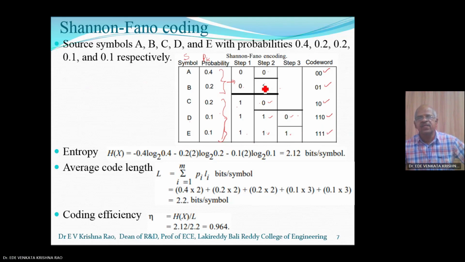See, here the highest probability symbol A is encoded with 2 bits, and the lowest probability symbols D or E are encoded with 3 bits. So long bits, and this is short bits. But here, even though the probabilities are 0.4 and 0.2, 0.2 and 0.2, B and C are also having two bits, and the 0.4 probability symbol is also encoded with 2 bits.